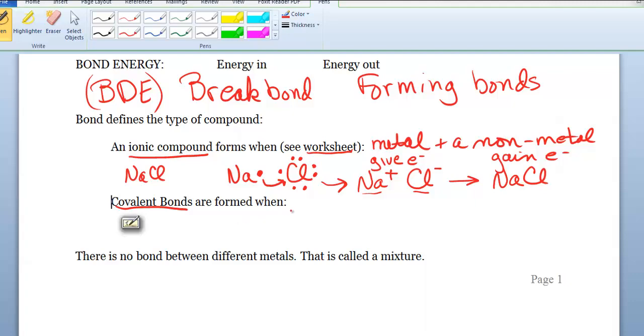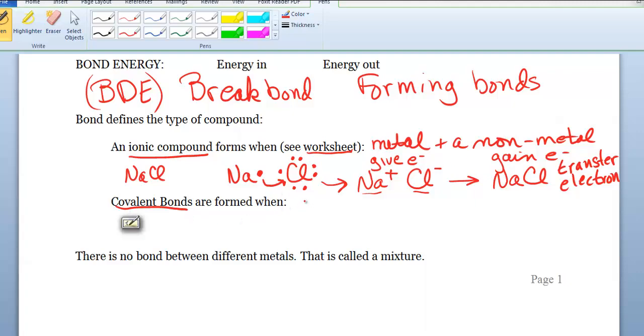What we call this ionic bond is actually a transfer of electrons. And so transfer of electrons is what causes ionic bonds to form. There could be more than one electron that transfers, but it only happens between a metal and a nonmetal.